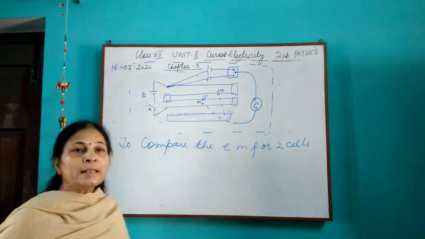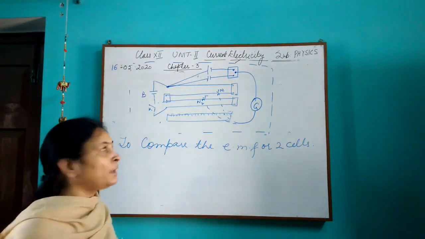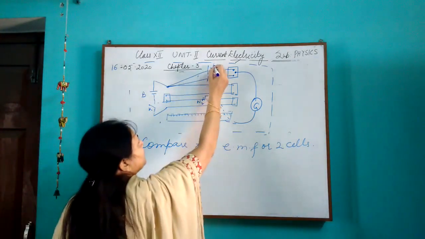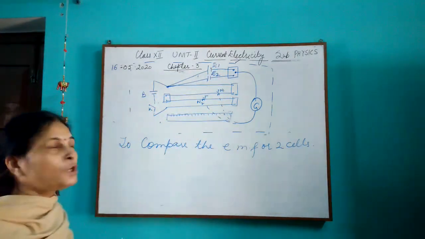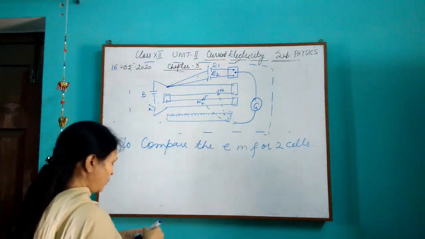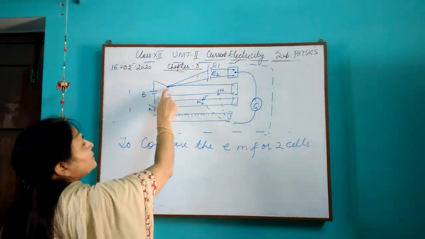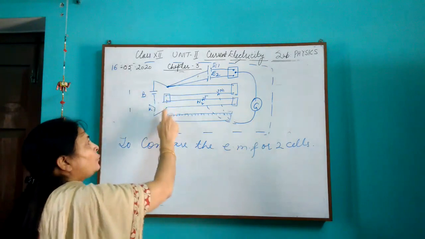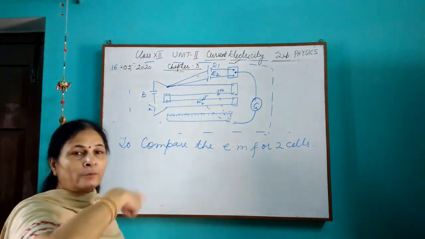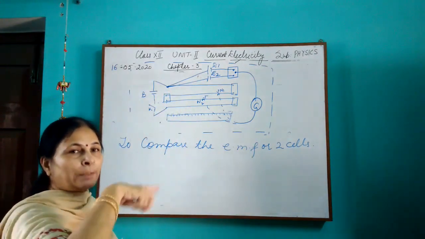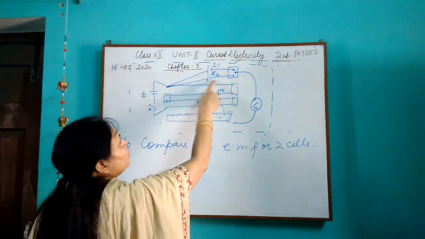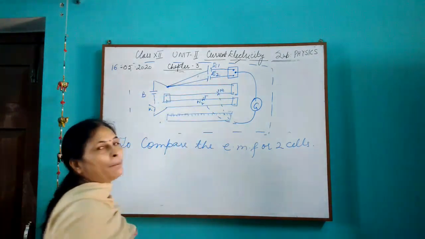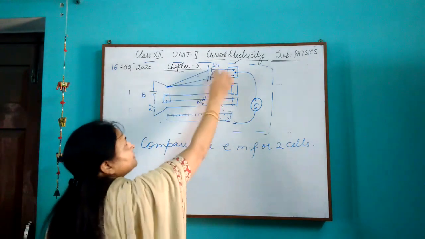Now the two cells whose EMFs are to be compared, say E1 and E2, are connected from one end of the circuit. We can do it from any side. The only thing is that then you have to measure the length from that particular side only. So we have attached two cells whose EMFs are to be compared like this.